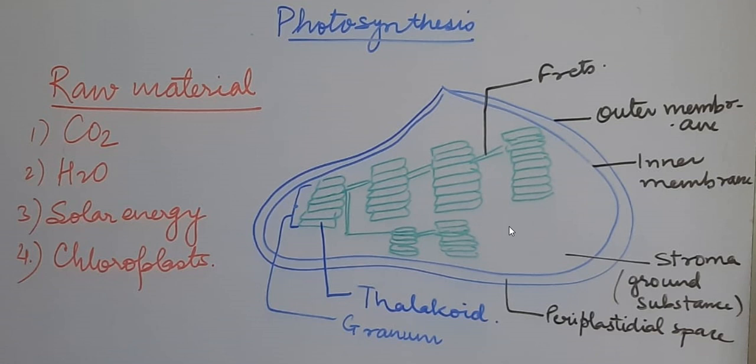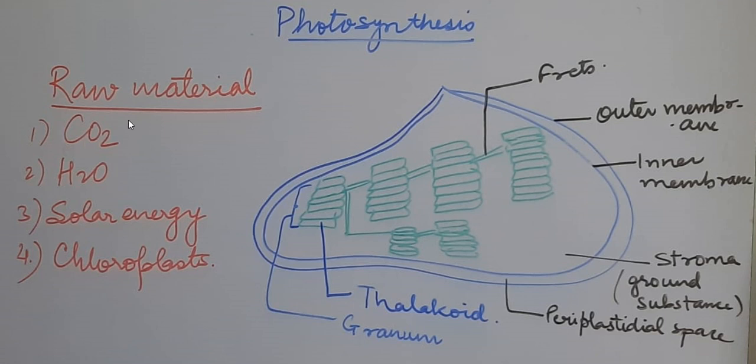So I hope it is clear what photosynthesis is and what raw materials are required for it. Let me also tell you about the raw material carbon dioxide, because the conversion of this carbon dioxide is what helps in the formation of glucose. So from where are plants getting this carbon dioxide?